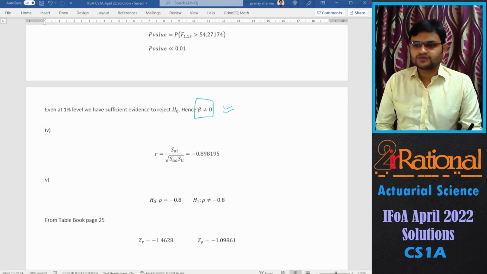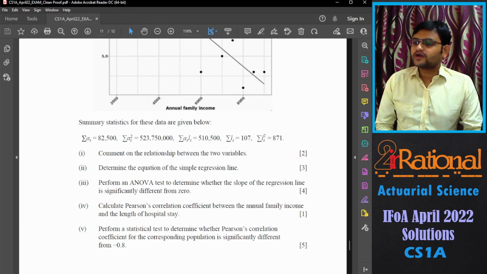Fourth part, calculate the Pearson's correlation coefficient between the annual family income and the length of hospital stay. And for the fifth, perform a statistical test to determine whether the Pearson's correlation coefficient for the corresponding population is significantly different from minus 0.8.